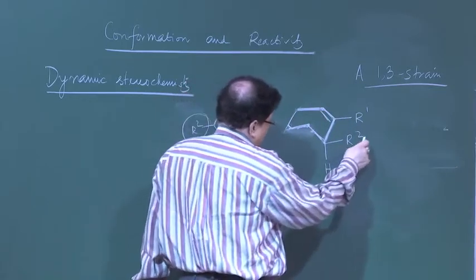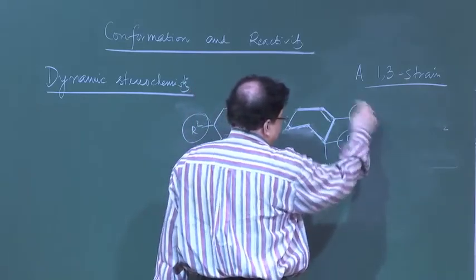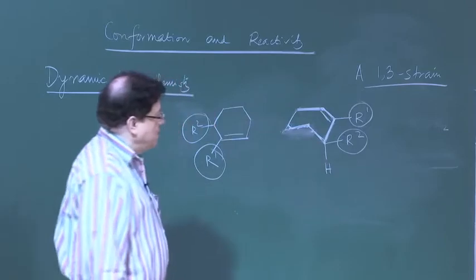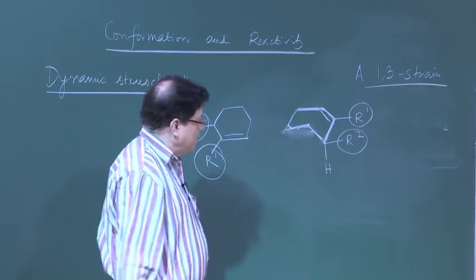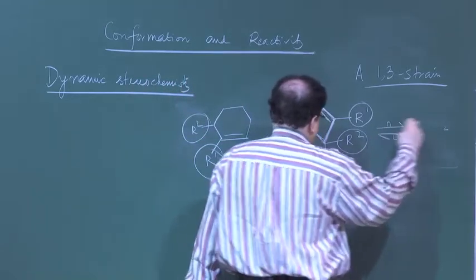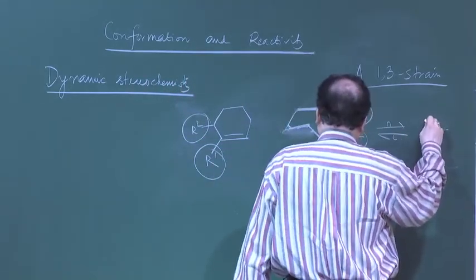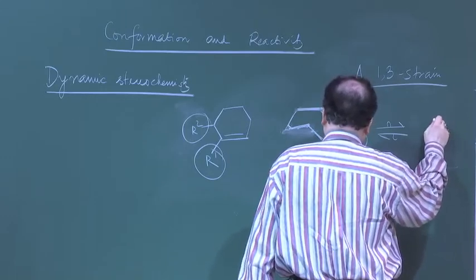Now, this R2 is in the equatorial orientation. If it is in the equatorial orientation, it suffers steric compression with R1, because they are very close to each other. So, that flips and it takes a conformation where, let us see how to draw it.